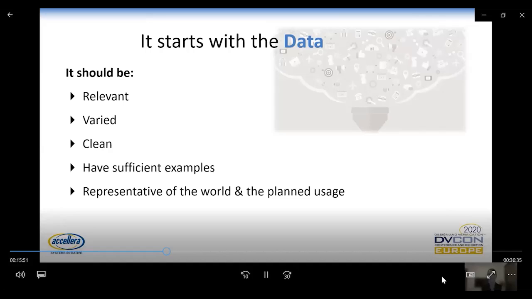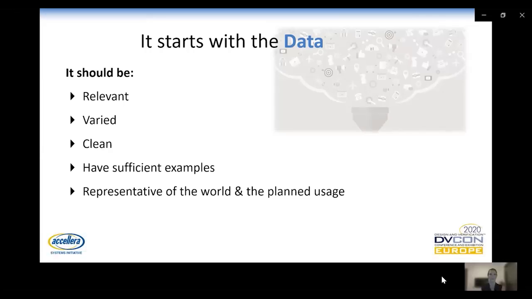it doesn't matter how sophisticated the machine learning algorithm is or what level of expertise the data scientist has. It will not be able to perform the task that we are aiming for.